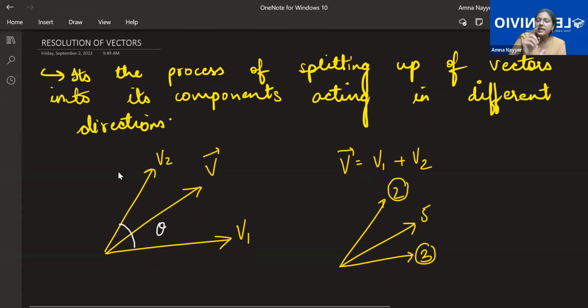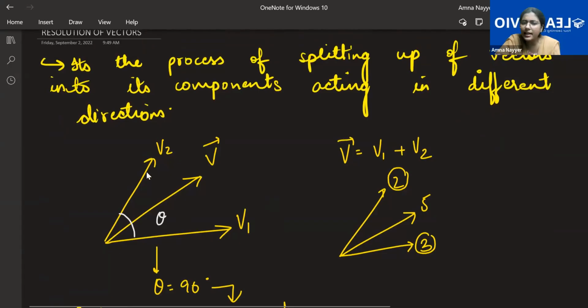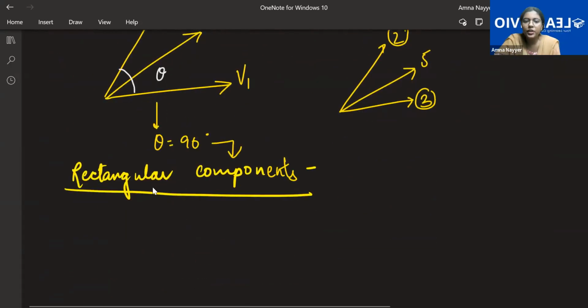If this angle theta becomes 90 degrees, we call them the rectangular components, which are of use to you. This random one is of no use to you. Neither in class 11, 12th, NEET, JEE Mains, JEE Advanced, nobody is going to ask you from here. This is not a part of your syllabus. You have to focus on rectangular components.